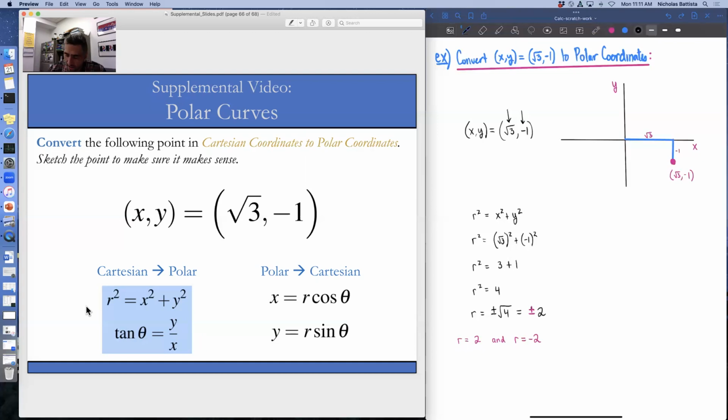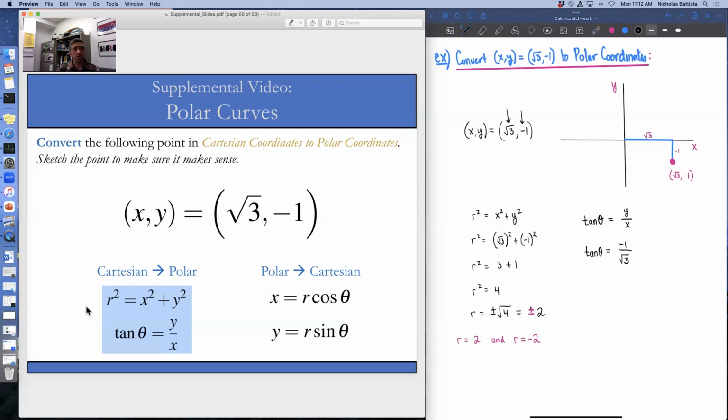All right, so let's work on that angle, speaking of. The other equation we have is the tangent of theta is equal to y over x. So we'll do the same thing, plug in the values of y and x. In this case, y is equal to -1, and x is equal to square root of 3. So we have the tangent of theta is equal to -1 over the square root of 3.